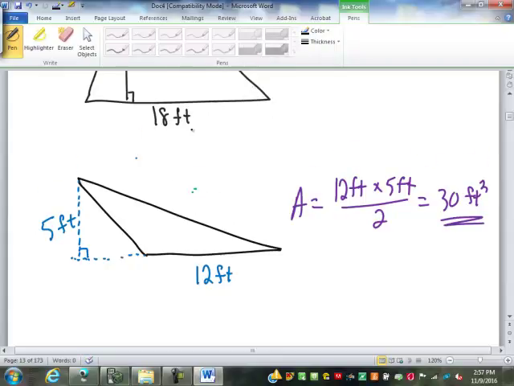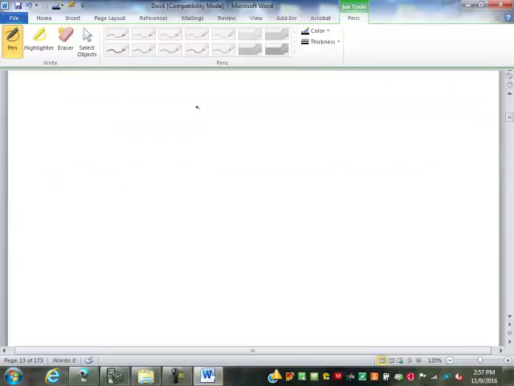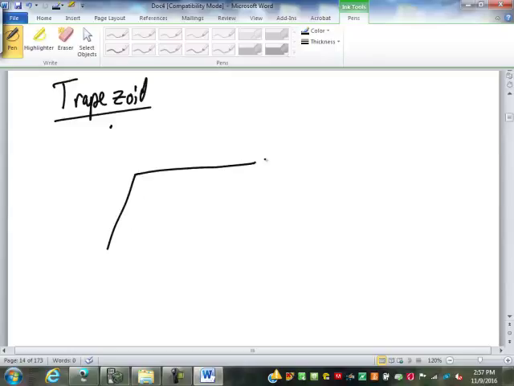Okay, well, another shape that we want to deal with is called a trapezoid. Probably one of those terms you've heard and forgotten about. A trapezoid is just a four-sided figure where two sides are parallel and the other two sides are not.